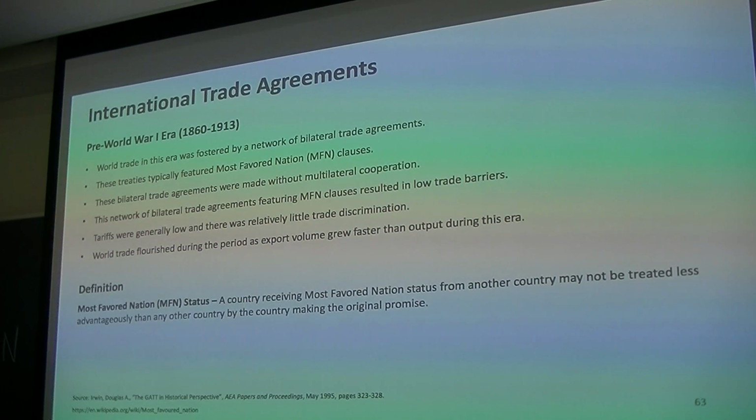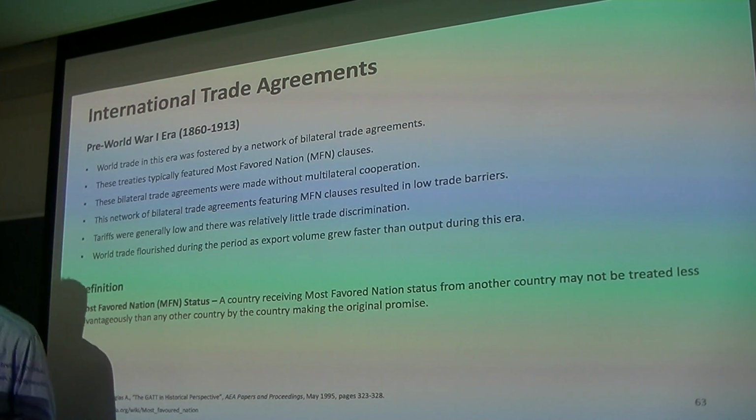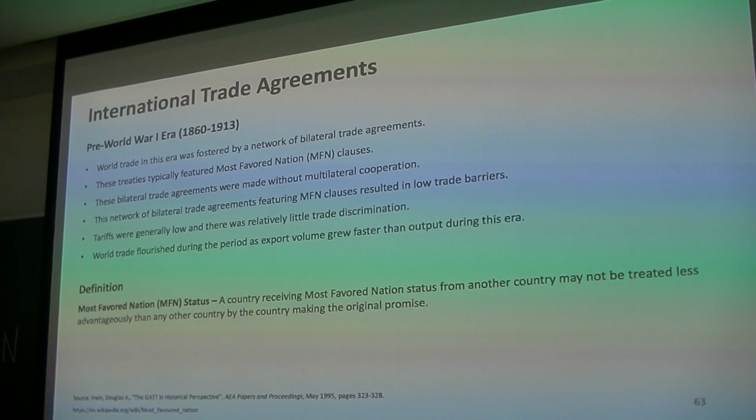The result of this was quite dramatic reductions in trade barriers. It's also important to point out, and I believe we talked about this last semester, that there were fixed exchange rates during this period. These countries were on the gold standard in the late 19th and early 20th centuries, so the value of currencies was fixed and therefore predictable.